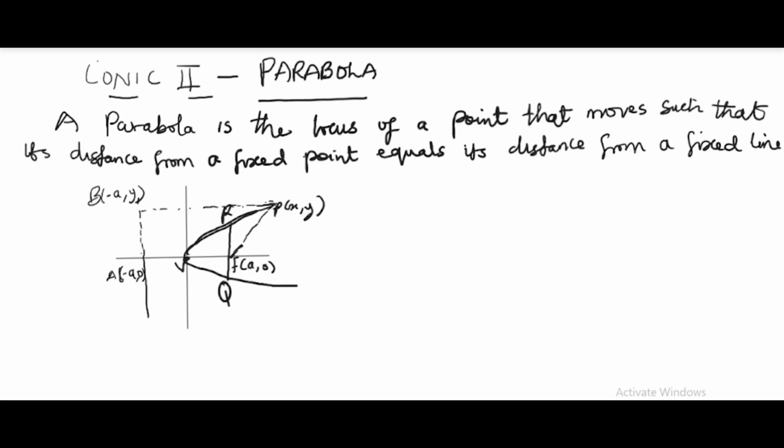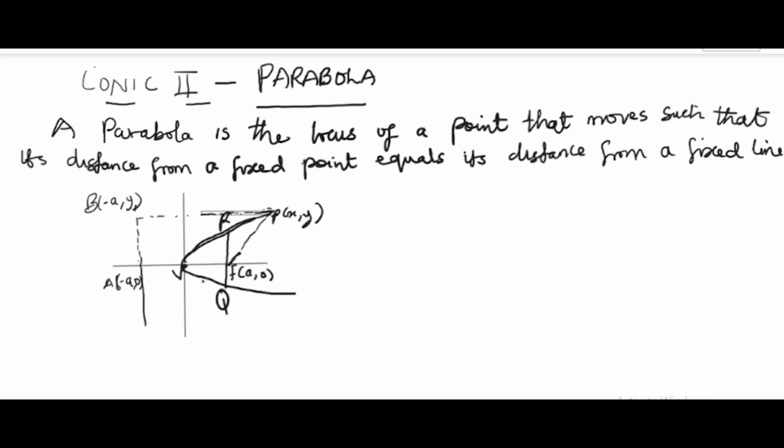Now, in our video on the ellipse, when I was trying to explain where the ellipse came from, whenever a parabola is taking a C shape like this, it has this F (a, 0) you are seeing here.